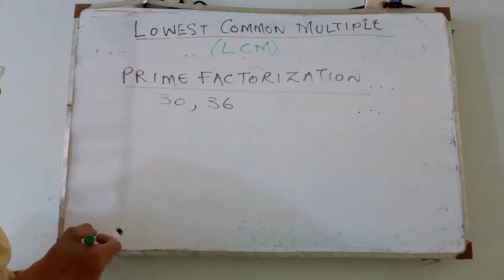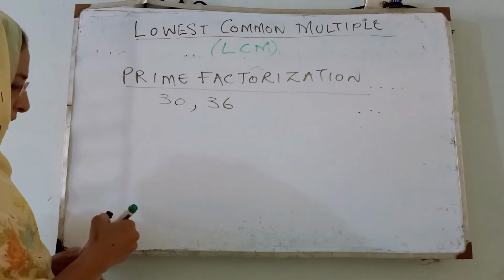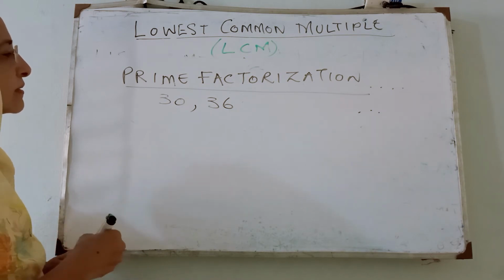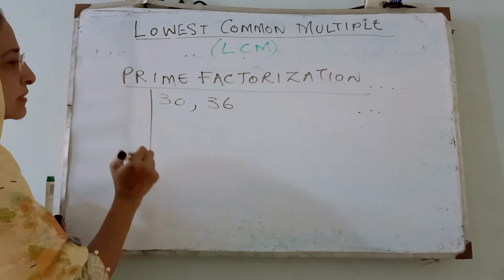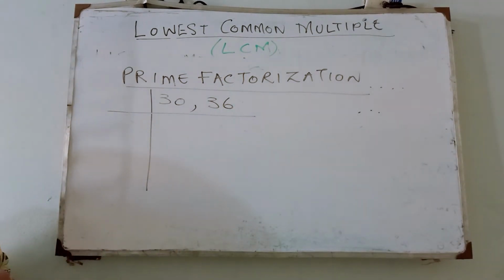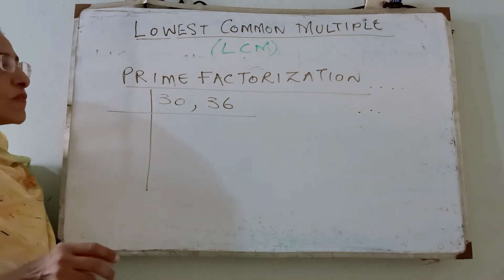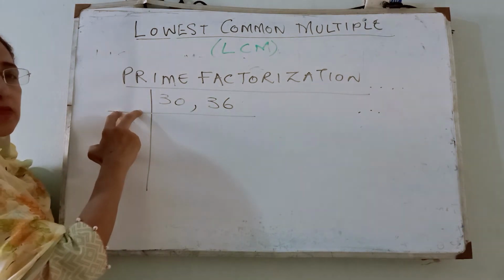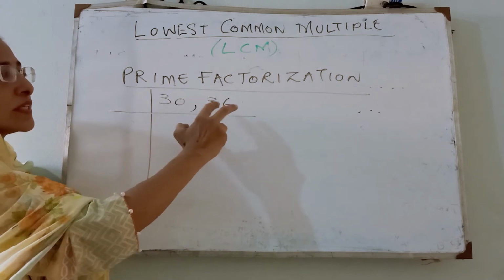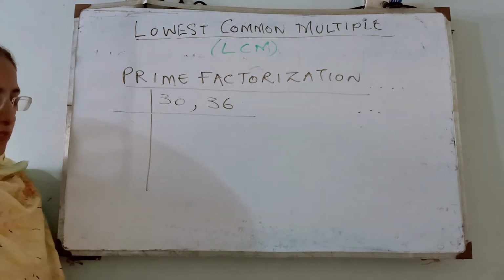In the prime factorization method, I make a division bracket like this and divide. Now I have to find a factor, a number which exactly divides 30 and 36.